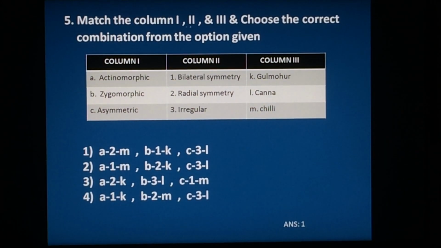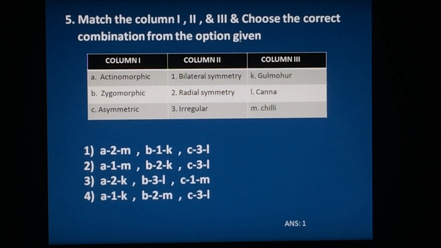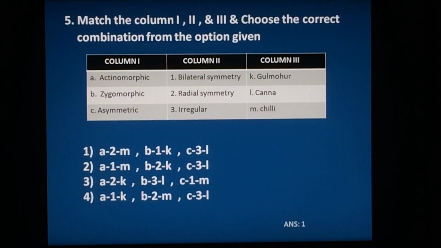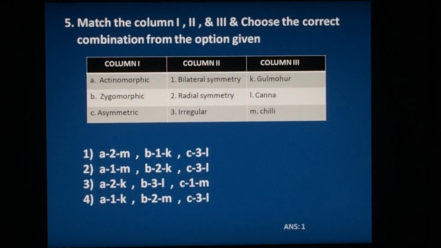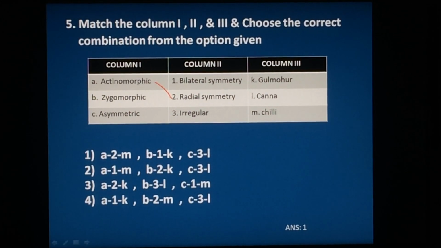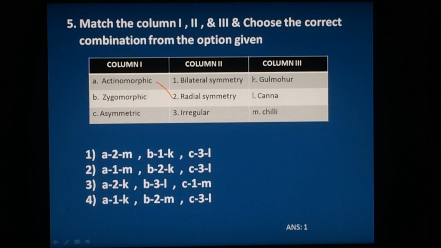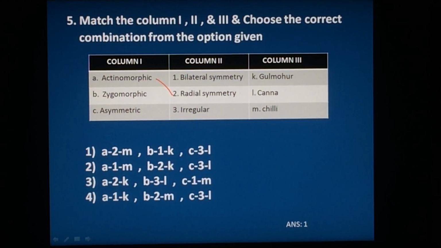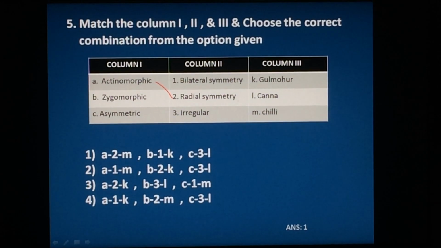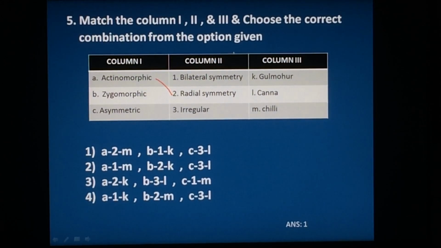Then match the column 1, 2, 3 and choose the correct combination from the option given. See here, actinomorphic, radial symmetrical. And for this one, the example for radial symmetry is, what is that?